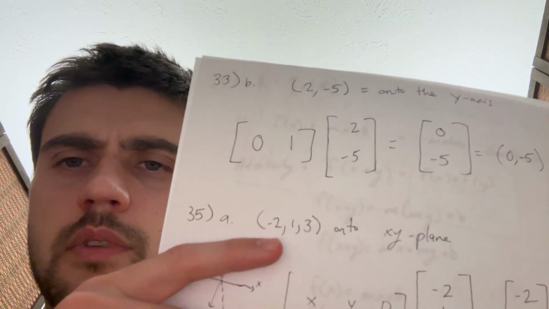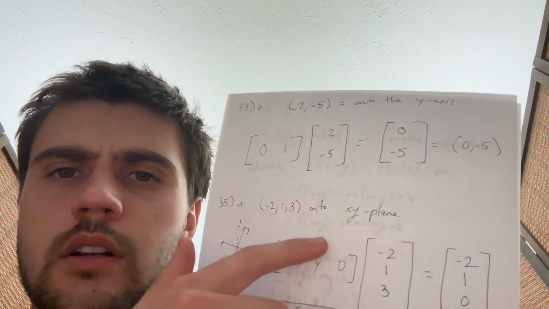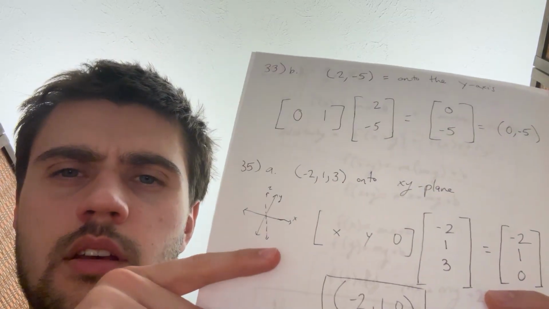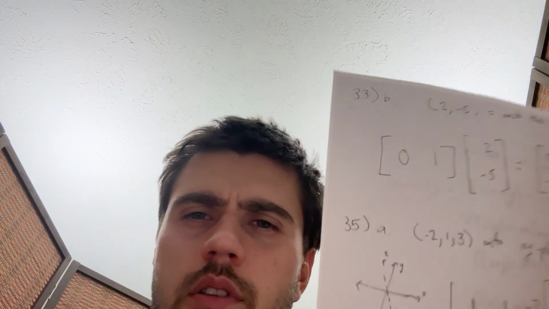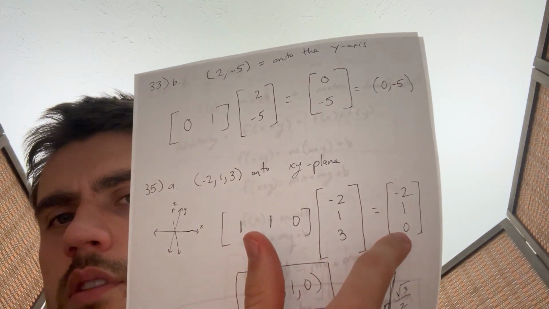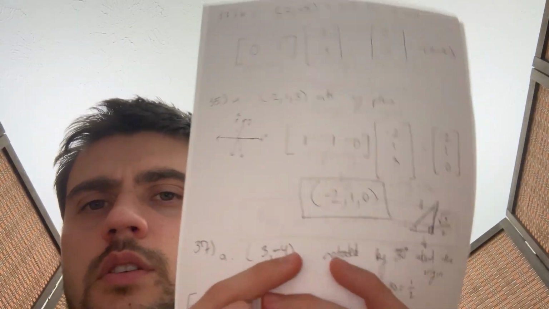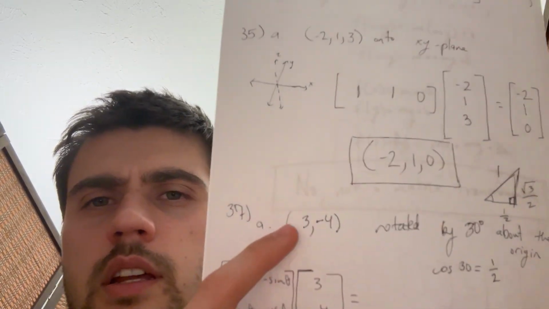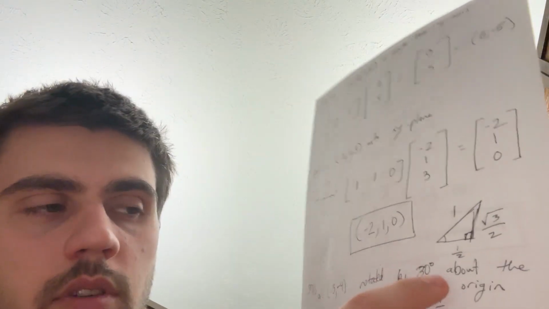This gives me the point (-2, 1, 3) projected onto the xy plane. And so again, I put all these as variables, but really they should be 1s and 0s or -1s for the most part. Bang. Get that, also (-2, 1, 0). Again, another point, but this one's rotated by 30 degrees about the origin.